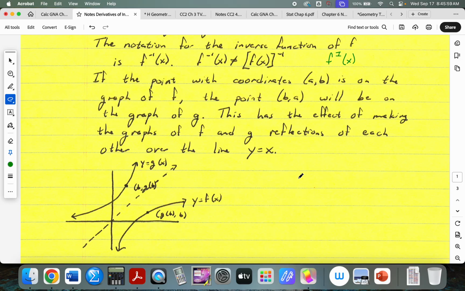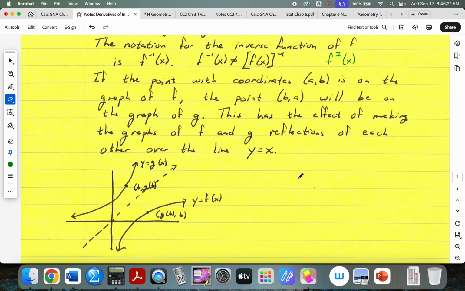So the x and the y's are going to swap places. Probably when you first learned about inverses, you did some things where you just had a set of points and you reversed the order and graphed that, and that's the inverse. Okay?